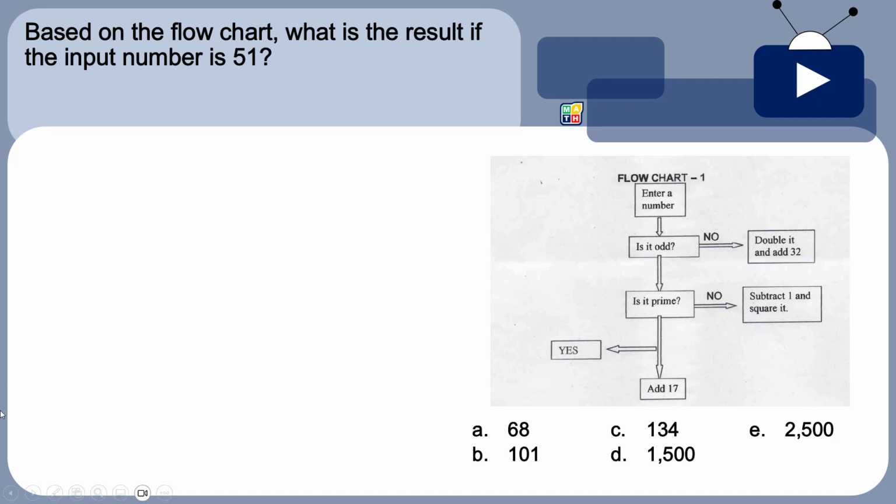So let me use here a pen. Okay? And we start with the input number 51. So is it odd or even? Obviously, 51 is an odd number. Okay? Because when we say odd, there's an item that cannot be paired with another one.